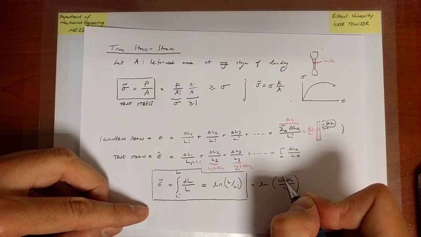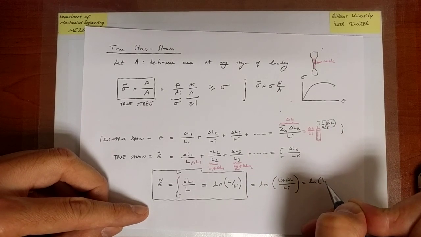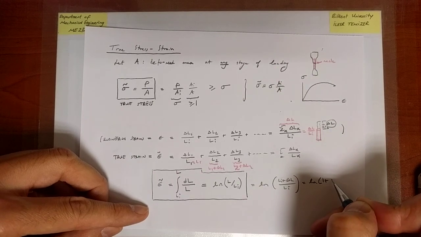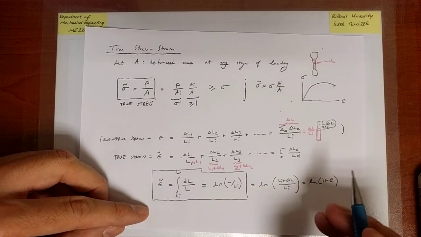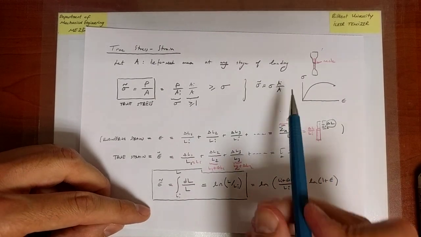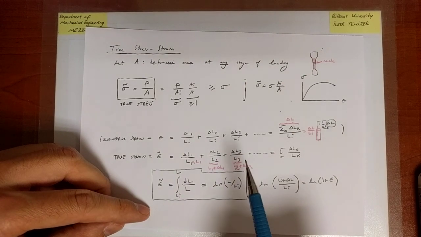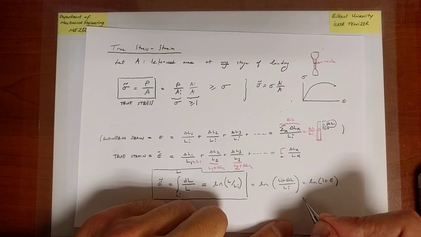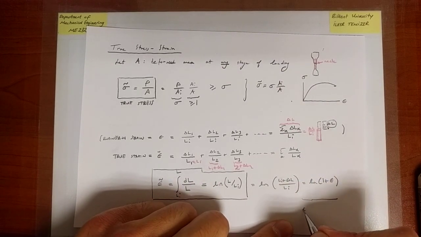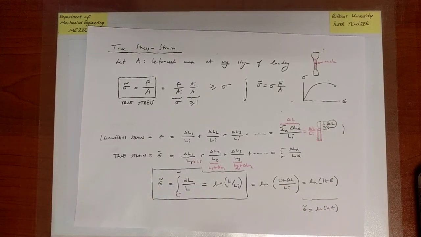So here we have the final length L, which is equal to ln(1 plus delta L over Li), which is nothing but the engineering strain. And therefore, similar to the relation between engineering stress and true stress, we have a relation between the engineering strain and true strain. And that relation is that one is related to the other through that relation.